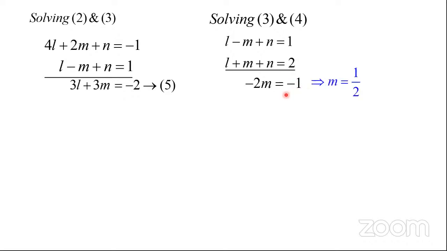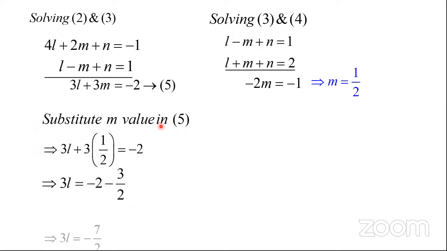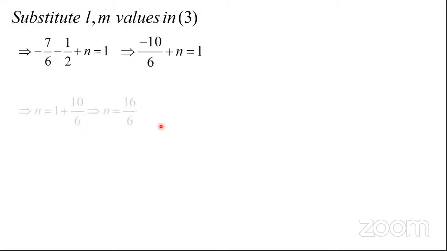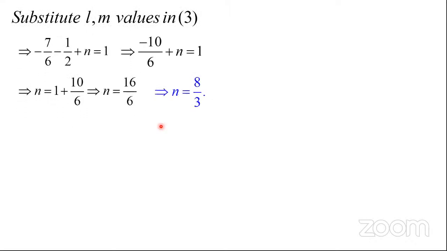Now, we got the value of M as 1 by 2, children. Substituting M equal to 1 by 2 in equation 5, we will get L. Substituting that L in one of the equations involving N, we shall get the L, M, N values. So, this L value is substituted in an equation where there is N, children. So, we will get N equal to 8 by 3.